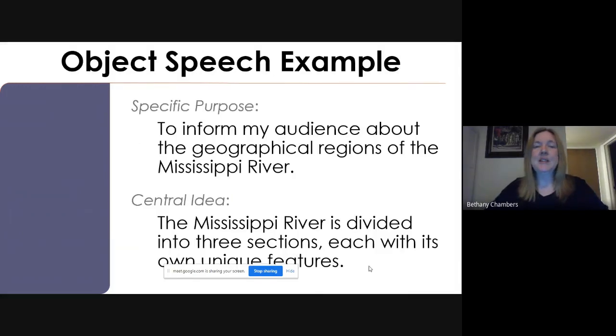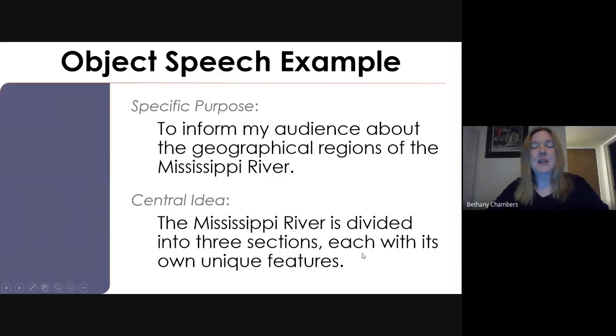So here is an example of a purpose statement and essential idea if you were doing this type of speech. So purpose: to inform my audience about the geographical regions of the Mississippi River. And then for essential idea, the suggestion could be the Mississippi River is divided into 3 sections, each with its own unique features.